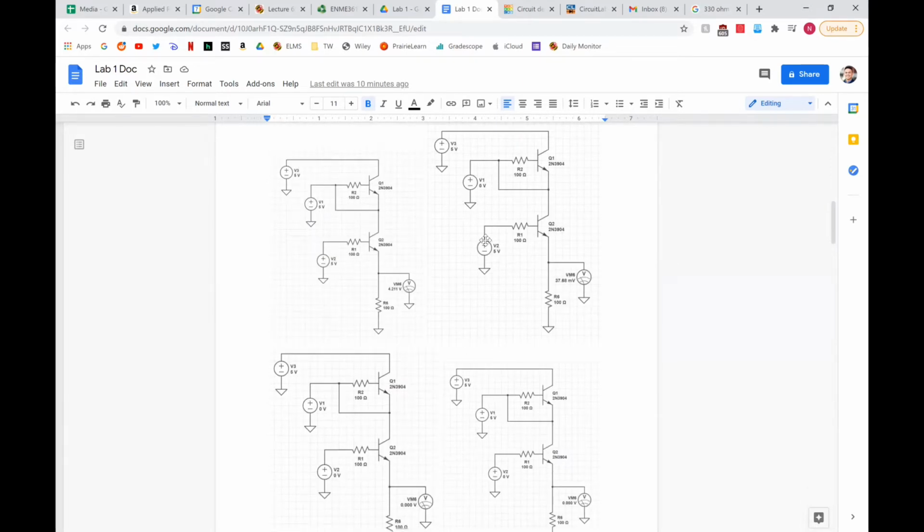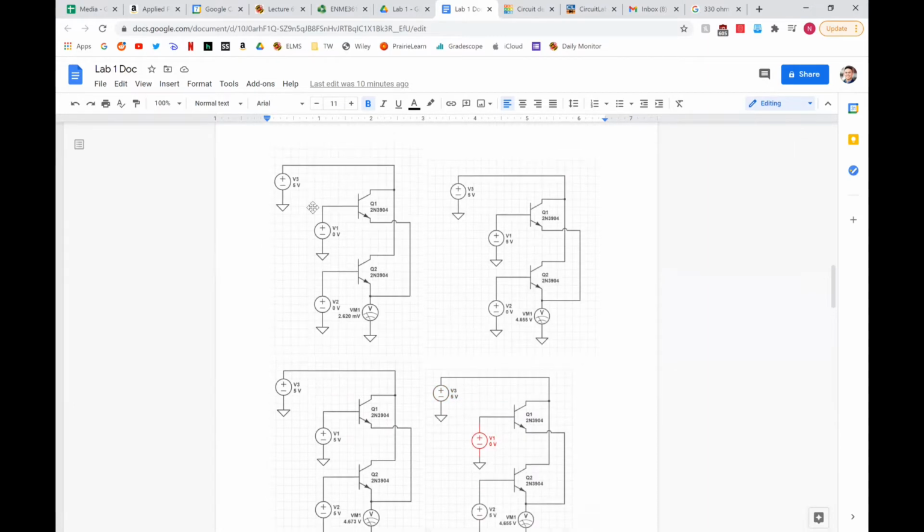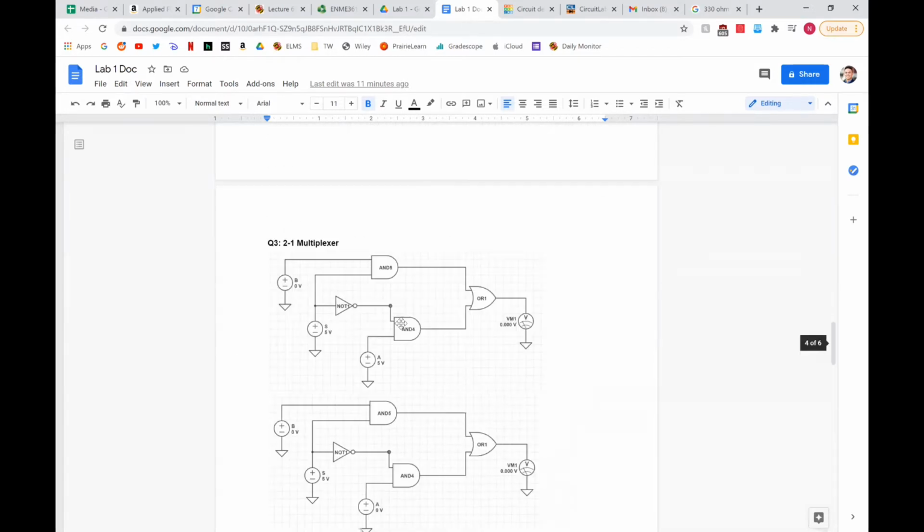So 5 5, 0 5, 0 0, and 5 0, and you can see my outputs here. And then we'll go down to the OR gate, which also has 4 different situations: 0 0, 5 0, 5 5, and 0 5, and you can see all my different outputs here correspond to the OR gate situation there.